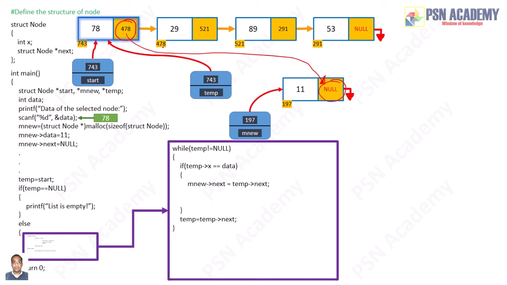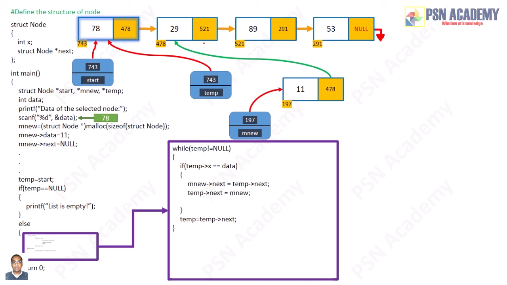Because the 478 is the address of the second node. So the null has been replaced with 478 now, and as soon as you write 478 here, the null pointer here vanishes and this pointer points to this node at 478. So mnew's next pointer is now pointing to the node at 478.